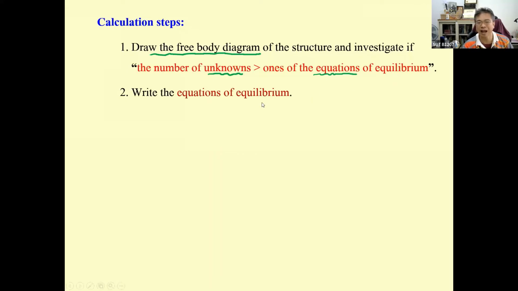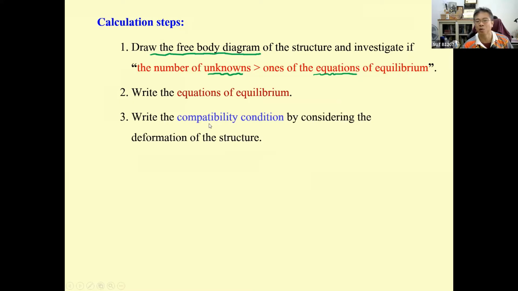Then you just write the equilibrium equation, and then you write the compatibility condition. By writing the compatibility condition, you consider the deformation of the structure. For the column, they are going to have what? The shortening with the same length. For the beam, the deflection of the beam equal to the deflection of the rod.